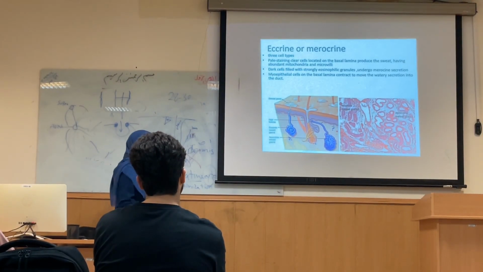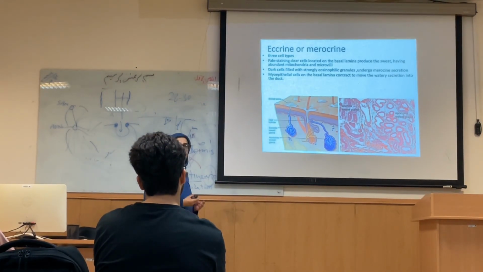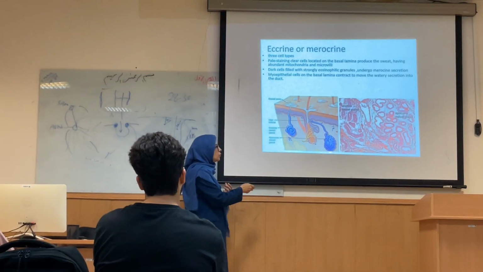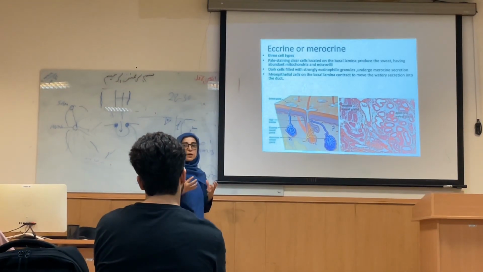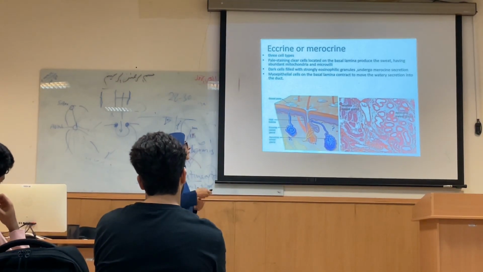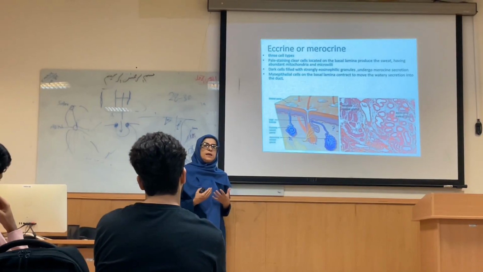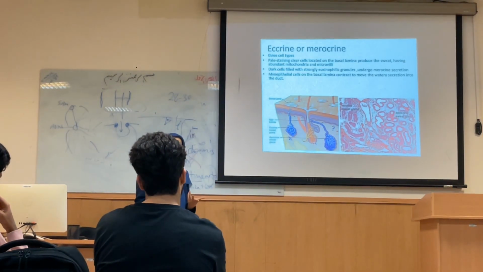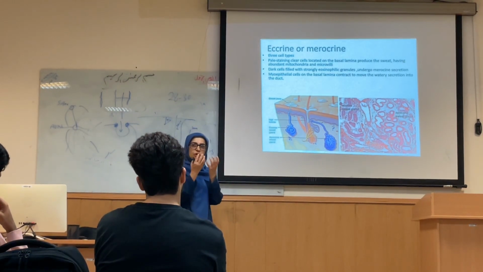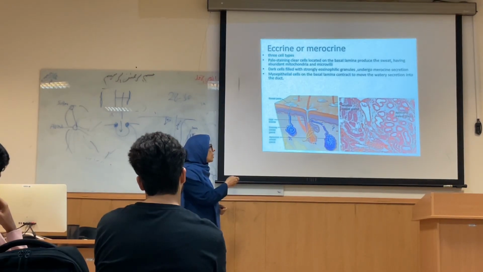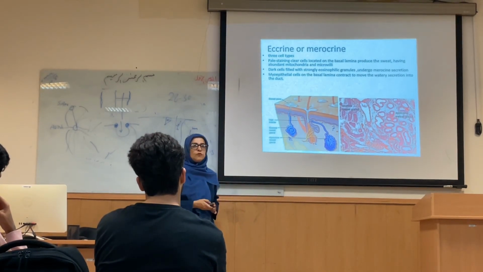Merocrine or eccrine glands are simple and have a separate duct for themselves. But the apocrine sweat glands have a larger secretory portion, and their ducts open to the hair follicle.